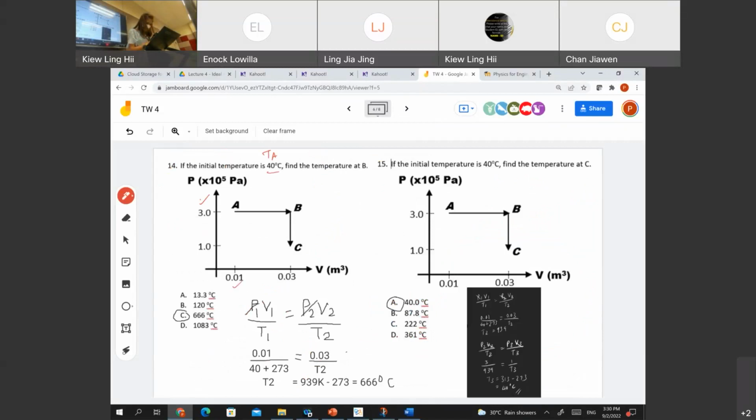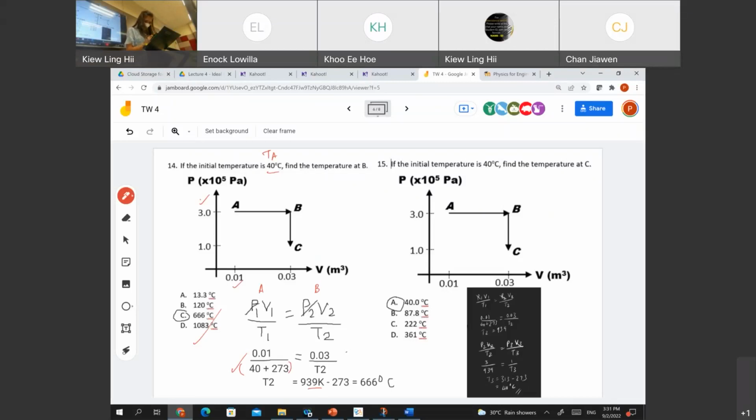PV over T equals to PV over T. So comparing point A with point B. T in SI unit, we get 939 Kelvin. Since the answer is provided in degrees Celsius, so convert back to degrees Celsius, 666.